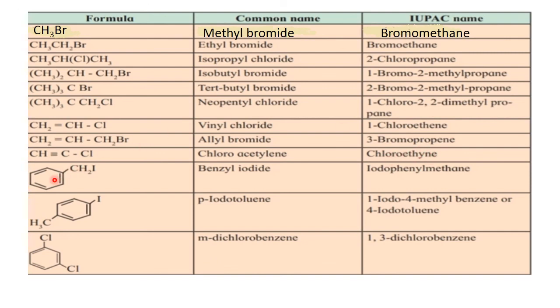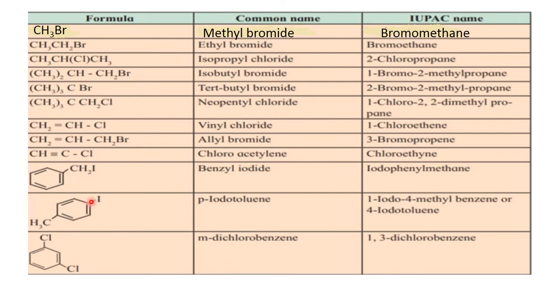In this case, the benzene is attached to a CH2 group, so this whole group is called the benzyl group, and this benzyl group is attached to iodine, and therefore it is named benzyl iodide, and the IUPAC name is iodophenylmethane. In this compound, the whole group is considered as toluene. Here this CH3 we consider as the first carbon, then second, third and fourth.